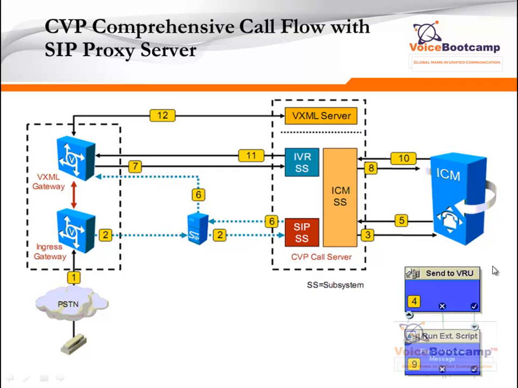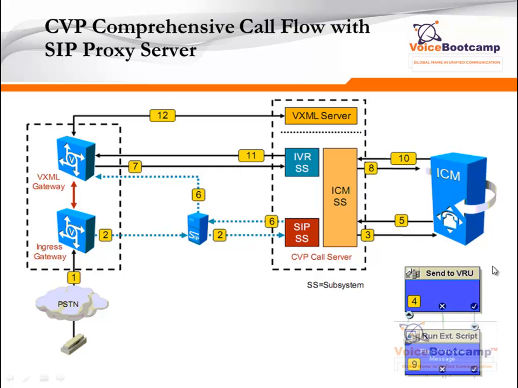So basically, when the call comes back to the ICM, the same existing script that is already running will be entered again. In that scenario, step number 9 will be invoked, which is run external script. The run external script basically tells the ICM to run that script on the CVP side of it.